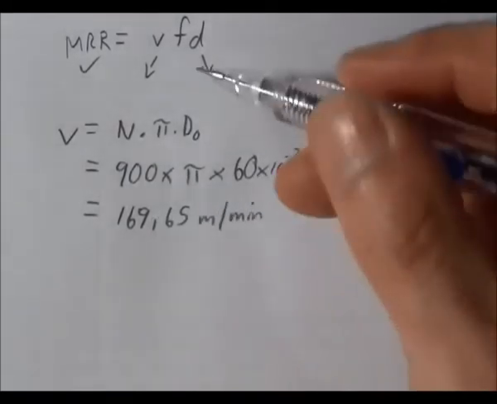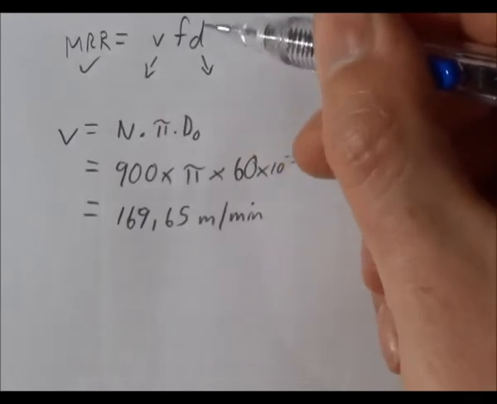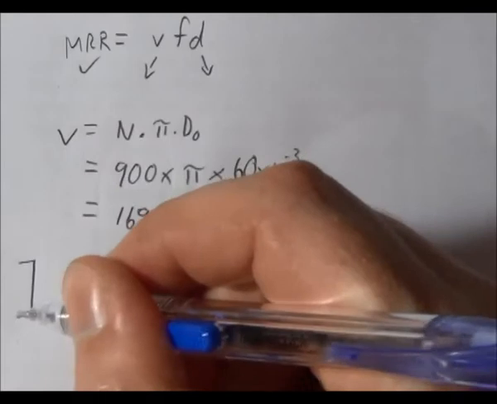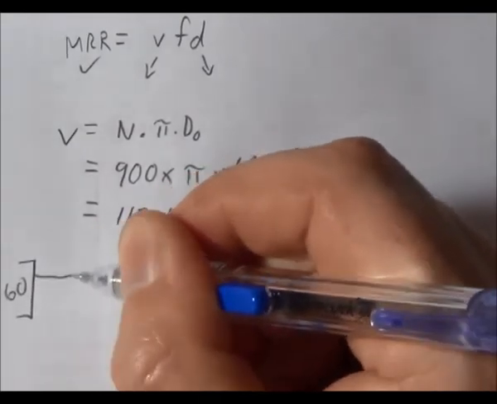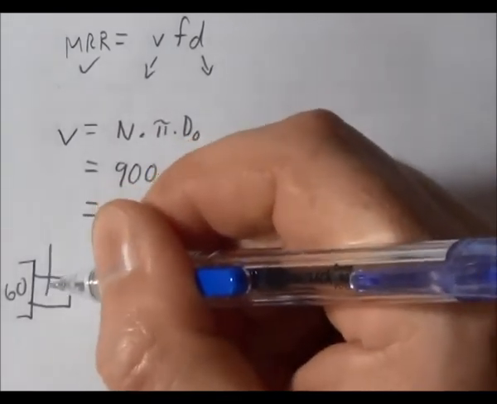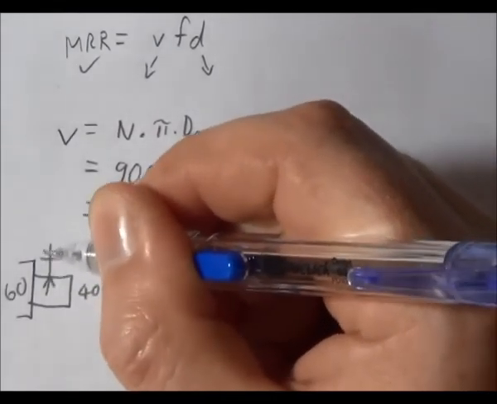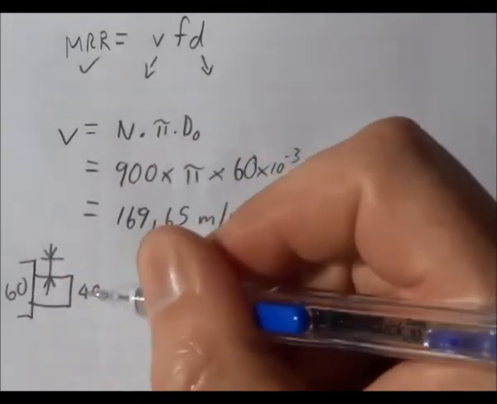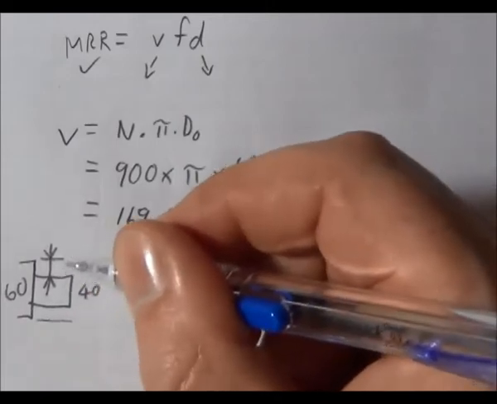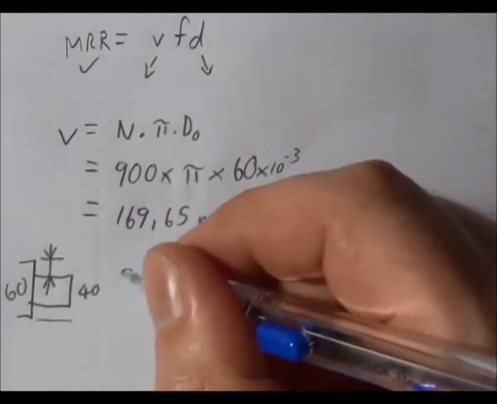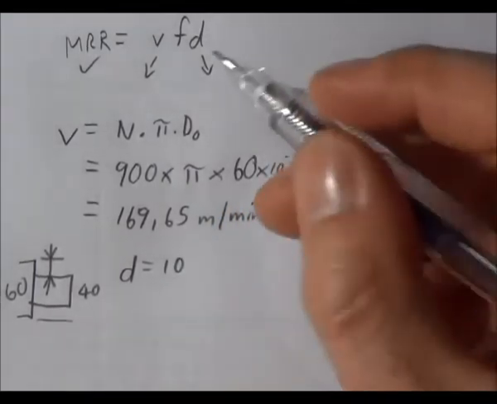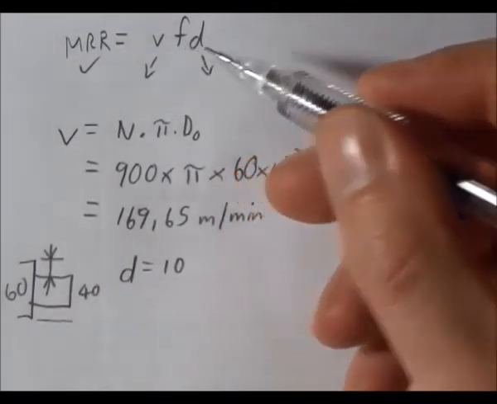Now that we have V for this equation, we can quickly figure out what d is. We're going from a 60 down to a 40. So the difference between the two is 20, but there will be a d at the bottom and a d at the top because it is a turning operation, so small d is equal to 10. Now we can solve for my feed.